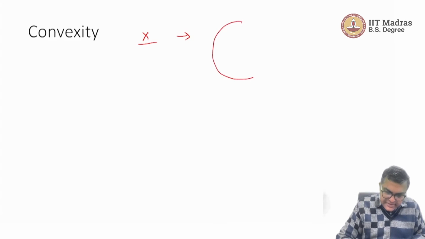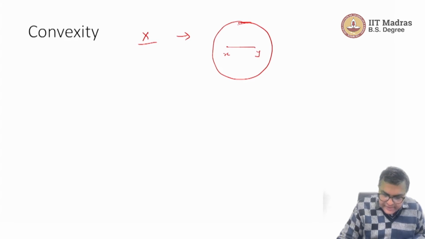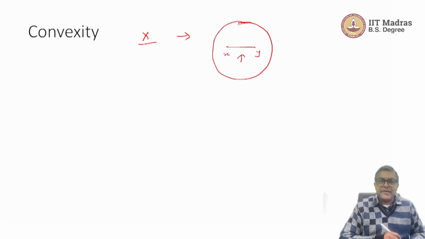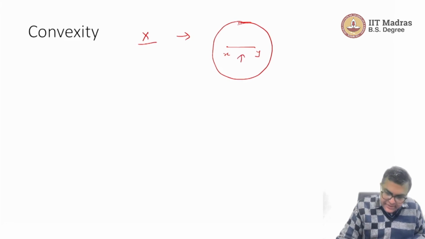Let us say this set is like this, and it has 2 points. Let us say the 2 points are x and y, any 2 points. And when we draw a line connecting x and y, there are 2 possibilities. In this case, it is completely within the set.